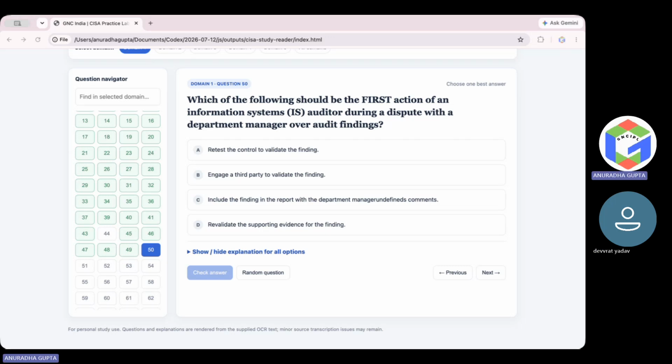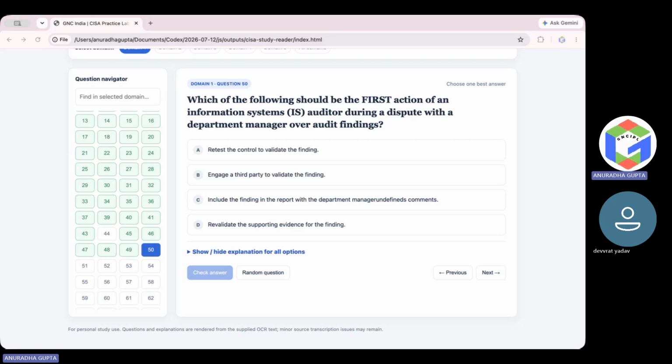So before pointing out to the management or someone else, it's better to correct and re-evaluate your work, right? So revalidation is basically the initial, best, first step.